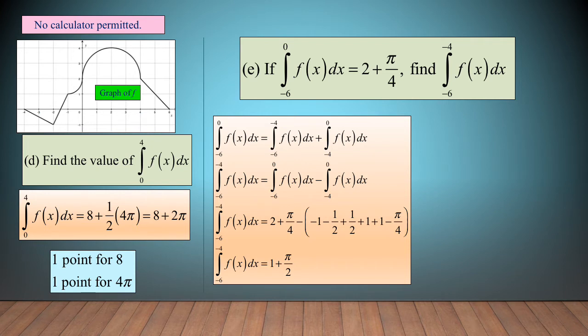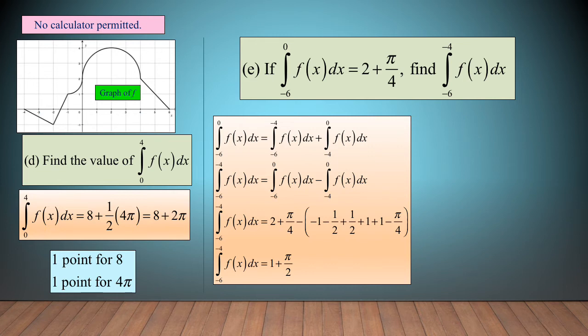Therefore, the integral from -6 to -4 of f of x dx is equal to the integral from -6 to 0 of f of x dx minus the integral from -4 to 0 of f of x dx. So it is equal to our given 2 plus pi over 4 minus that total area under the curve from -4 to 0.